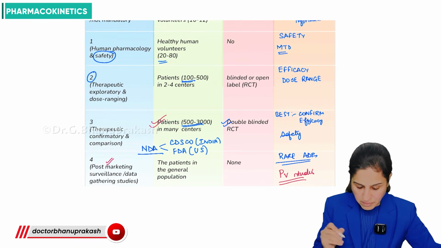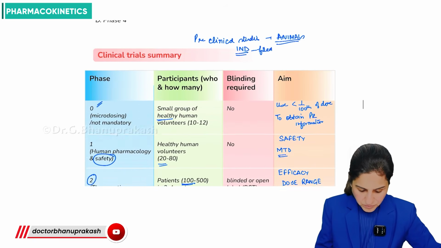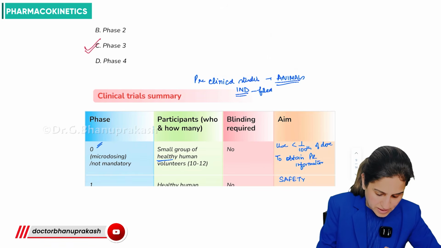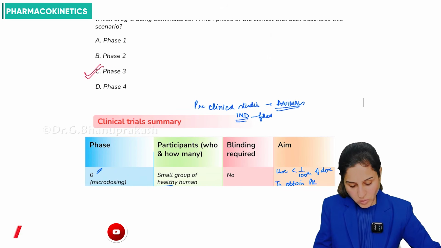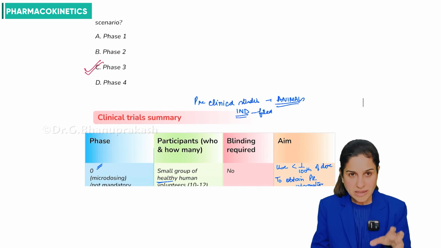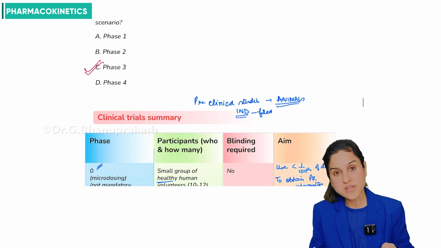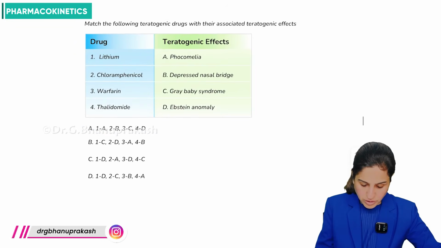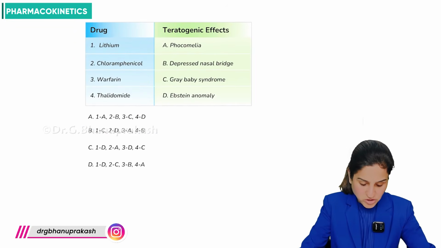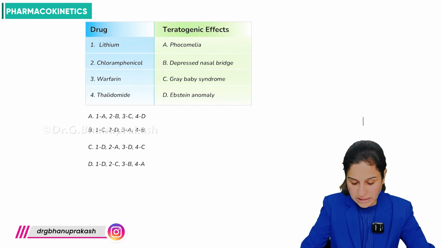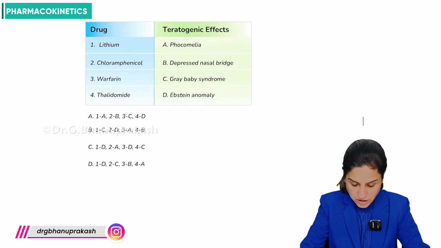So the answer here should be phase 3. If they ask you which is the best phase to study or confirm the efficacy, then also it is phase 3. So now, next, move on to this question.